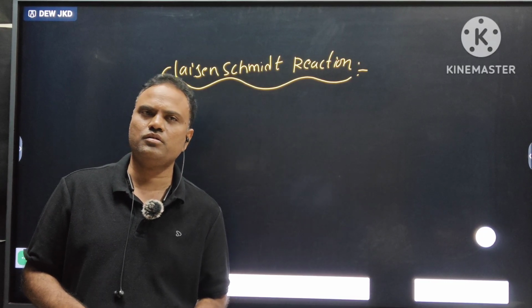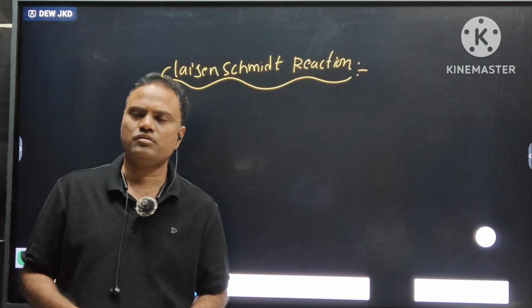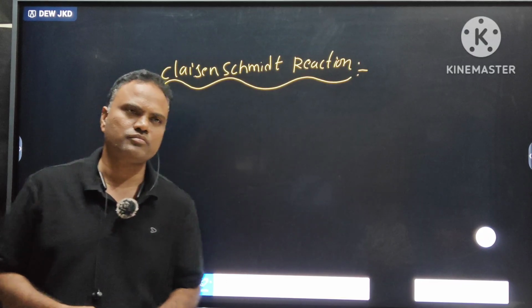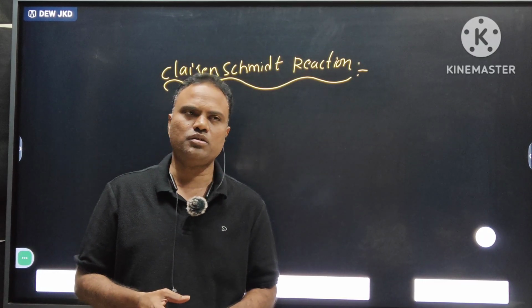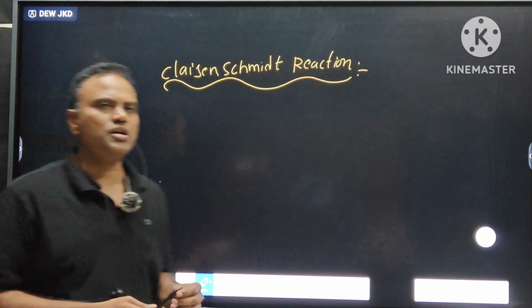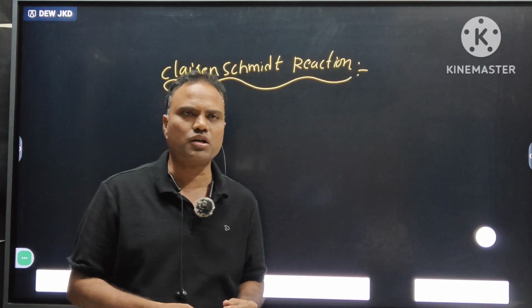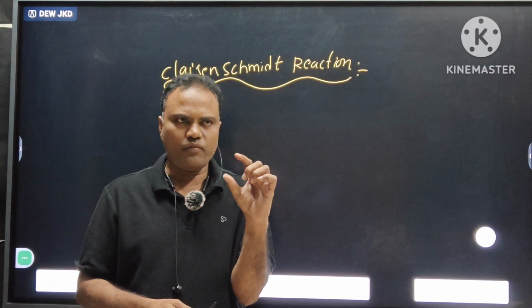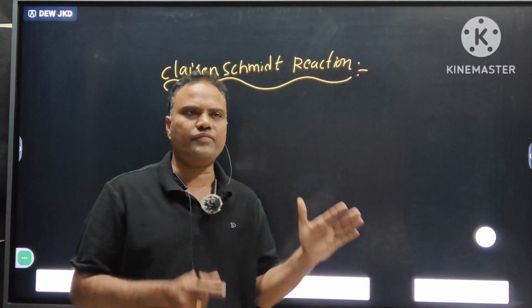Aldehydes with at least one alpha hydrogen. Okay, Cannizzaro reaction is without an alpha hydrogen, right? Now Claisen-Schmidt reaction is a type of crossed aldol condensation. In this, one aldehyde should be benzaldehyde, fixed.